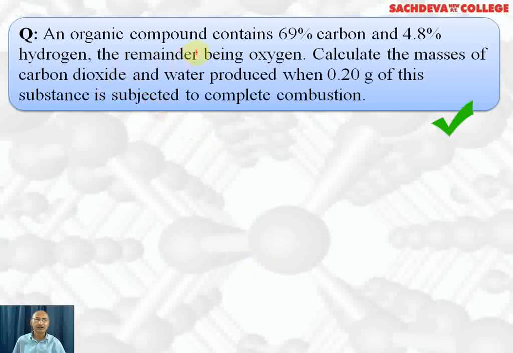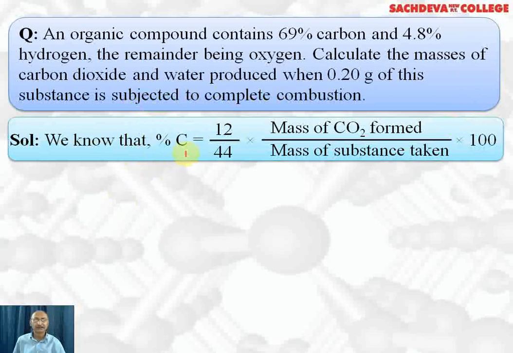Next question, an organic compound contains 69% carbon, 4.8% hydrogen and the remainder is oxygen. Calculate the masses of carbon dioxide and water produced when 0.2 gram of this substance is subjected to complete combustion. Percentage of carbon is 12 by 44 into mass of CO2 formed divided by mass of substance taken into 100.